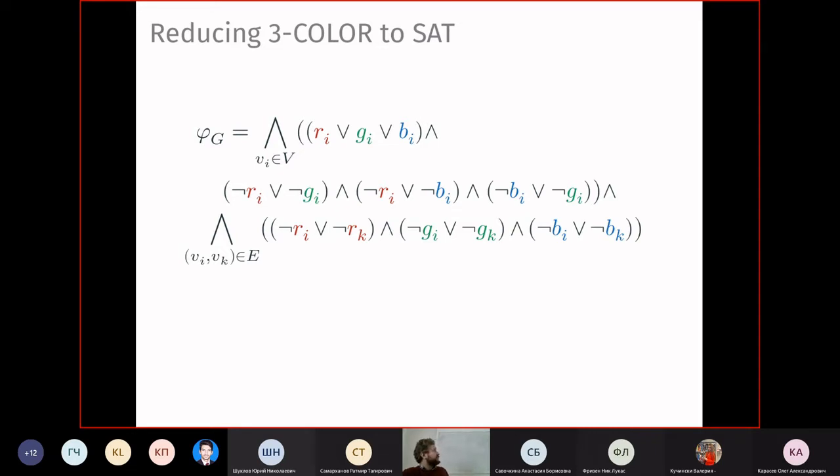Indeed, this formula can be constructed in polynomial time from G. You just take G. For each vertex, you write down the first 2 lines. For the first 2 lines, you just need to know the number of vertices and nothing more. And for the third line, you need to inspect all the edges. How the graph is represented is, in a sense, up to you.